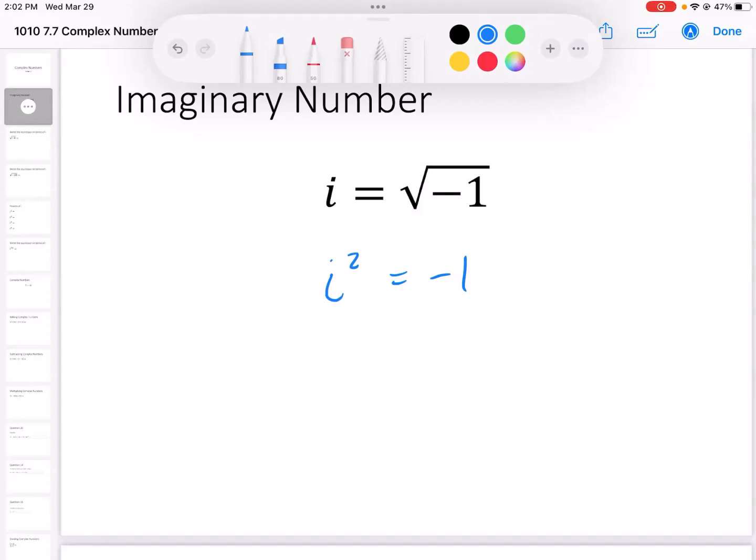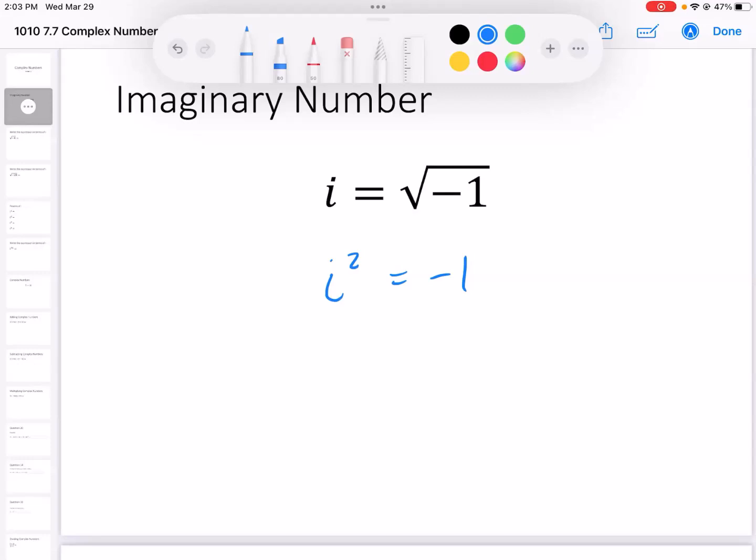But that's what they call it. And it turns out that we actually do use imaginary numbers to represent things in the real world quite often. Like, for example, if there's electromagnetic waves or things like that that need to be represented two-dimensionally, imaginary numbers are very helpful for doing those types of things.